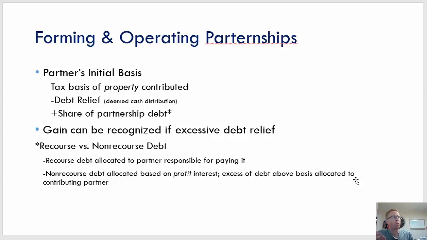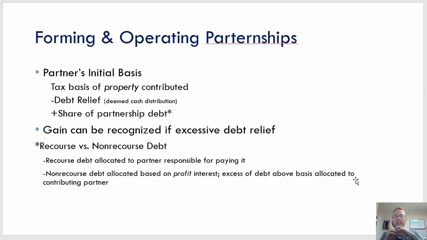Now, in terms of proper order, we'll see in a moment, there's 4 basic steps. The first step is you increase your basis by the amount of property contributed, cash and/or property, plus your share of deemed capital contributed, which is your share of debt that the partnership is allocating back out to you.